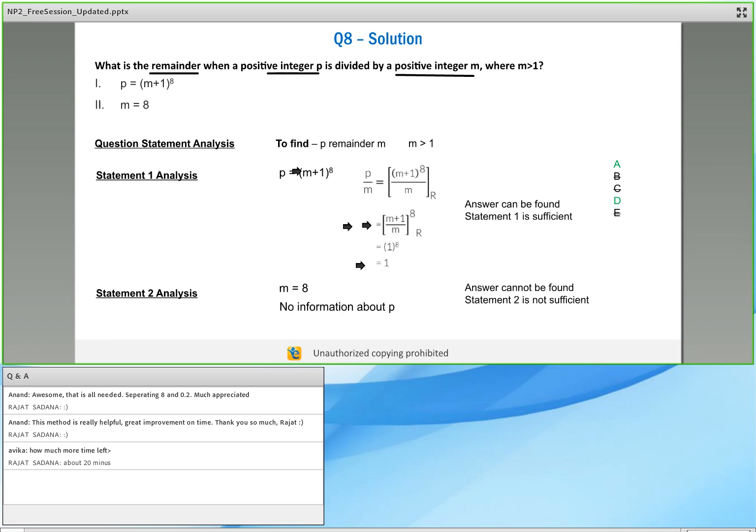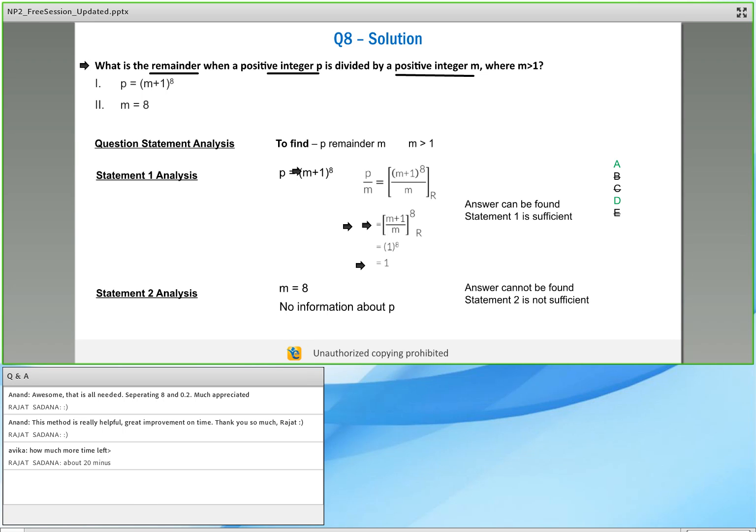Now, the next question is also scary looking. The next question also requires that you do simplification and understand what this statement means before you start looking at the next ones. Because trust me, the moment you start looking at statement 1, you are going to go bonkers if you don't do that processing.